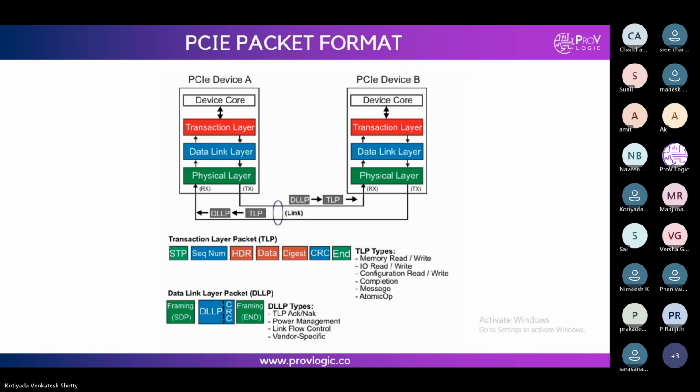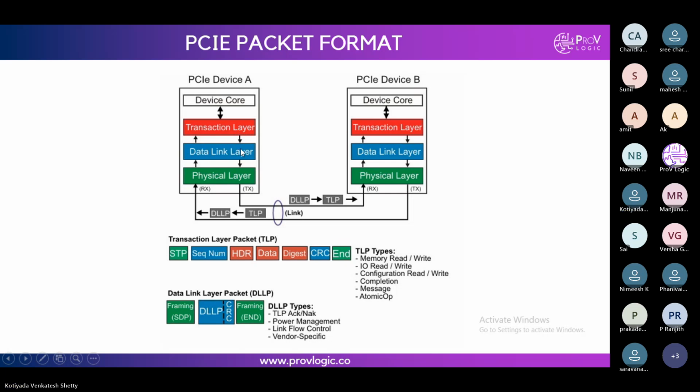In PCI, to the data coming from the application layer, we add the header and digest, together called a TLP packet. In the transaction layer only, we append the header and digest. We send that TLP packet to the data link layer.